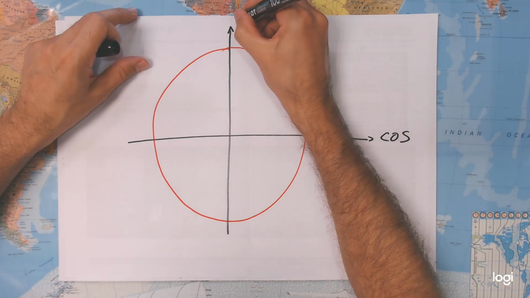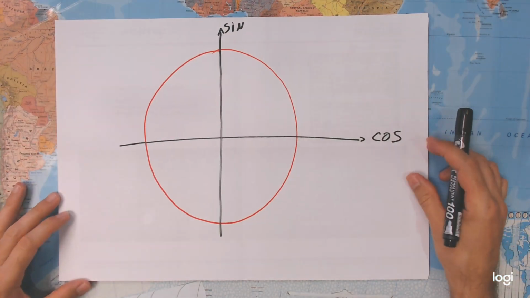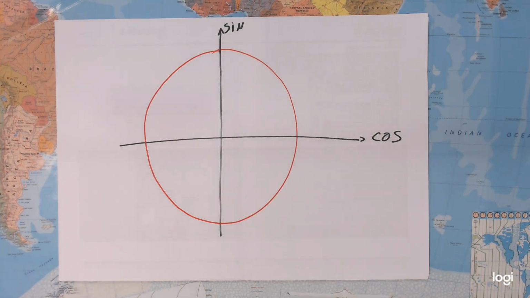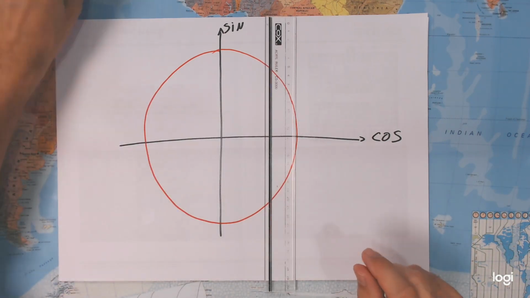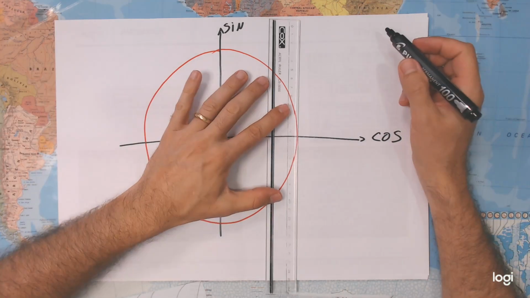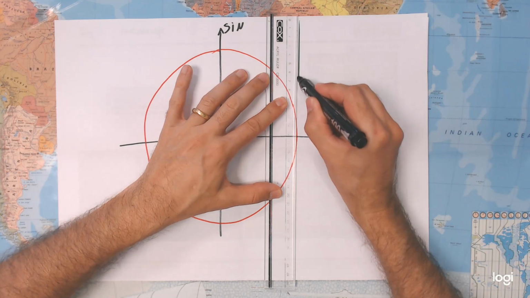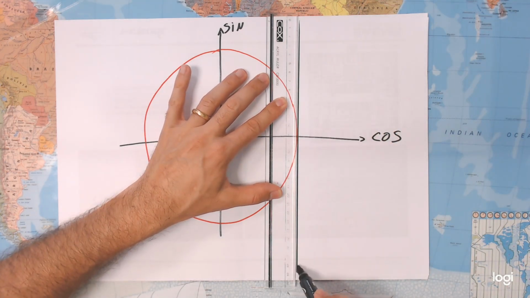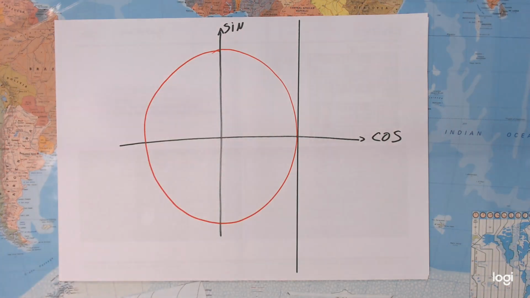We also know that this is the sine. And what is the tangent? My ruler should be in here. I'm going to put in black, because all the axes are in black. This is going to be the tangent. And this is the tangent line.